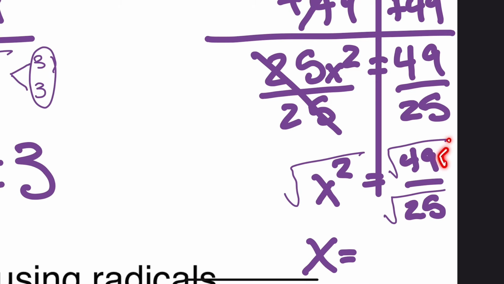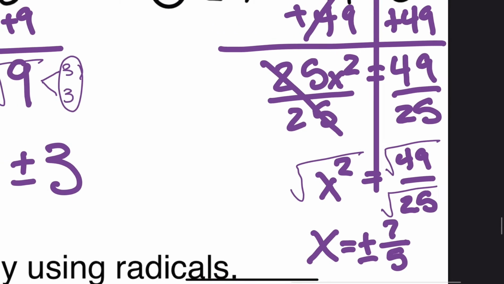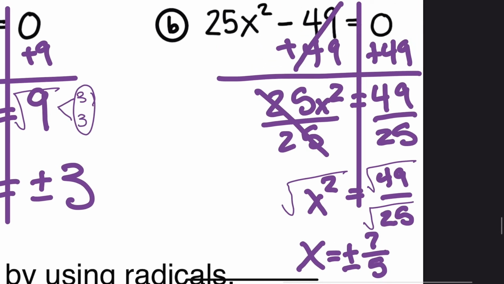Let's see, that'll break up to give me 7s. So I'll have 7 on the top. Square root of 25 should be 5, so I'll have 5 over here. And then that last step was going to be plus or minus. And that's it. Isolate your variable, find your square roots, and you'll be good.